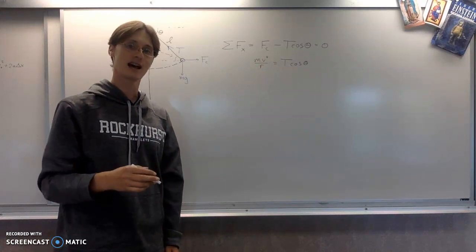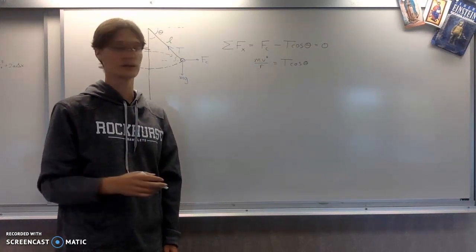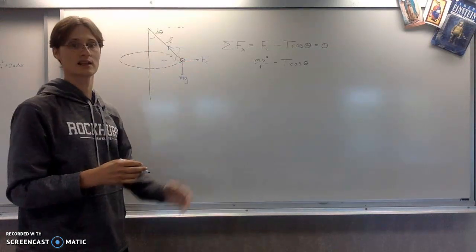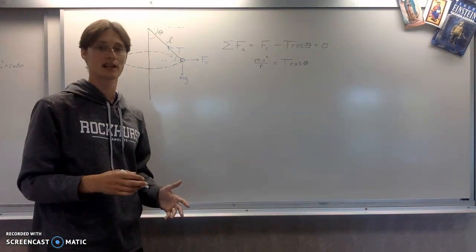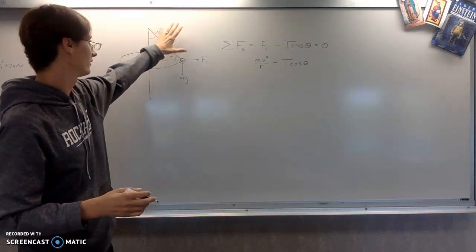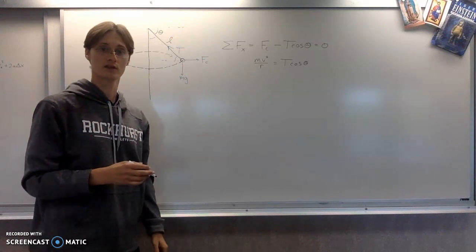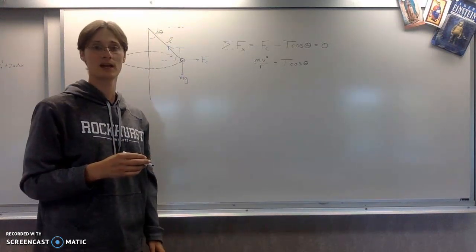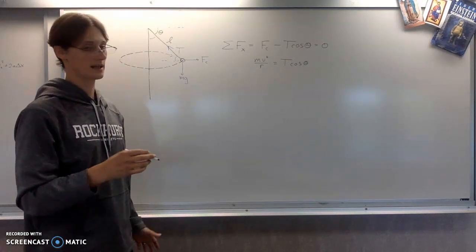The tension is not a given in the problem, nor should it be, because the fact of the matter is that if this thing is moving faster, the tension is going to be greater. The tension also is a function of how far out the thing swings. So the tension is different depending on how fast that pendulum is moving, or tetherball.